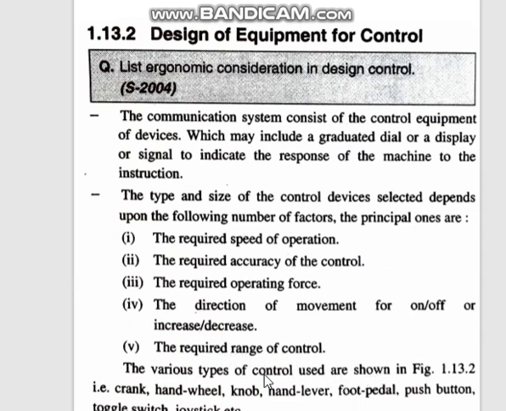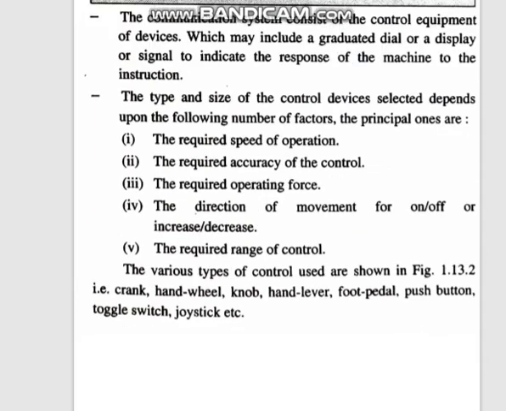There is a range for it. All these are the factors which depend upon the type and size of the control. Okay, various types of controls are shown in the figure next.